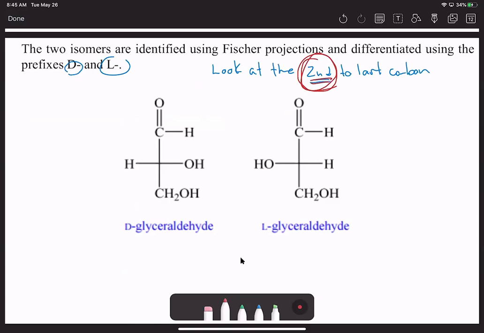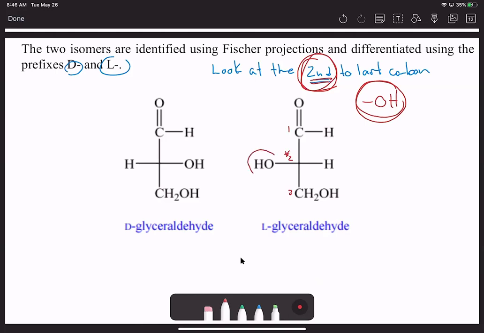Don't look at the last carbon. We look at the second to last carbon, and what you're going to look for is this hydroxy group on the second to last carbon, 1, 2, 3. Here's my second to last carbon.